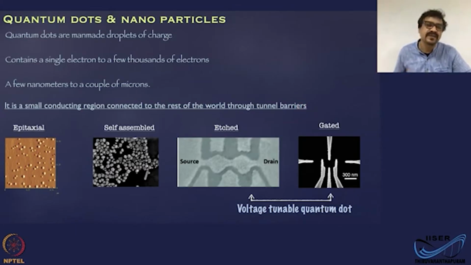If you look at the literature, quantum dots are made by various methods. You can have epitaxial quantum dots where small conducting regions are deposited on a certain substrate using epitaxial techniques such as molecular beam epitaxy or MOCVD.